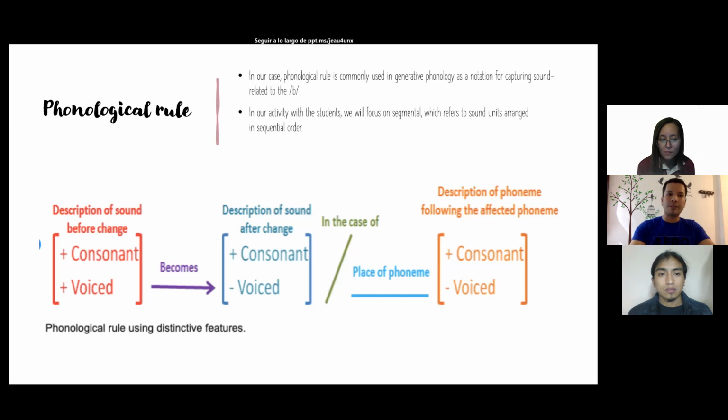As we see in the graphic, the description of the sound before change, which is consonant plus voiced, becomes consonant minus voiced. And then the place of change is the description of the phoneme following the affected phoneme, which is consonant minus voiced.